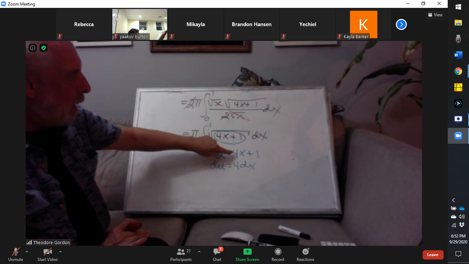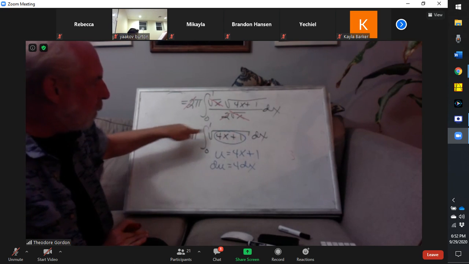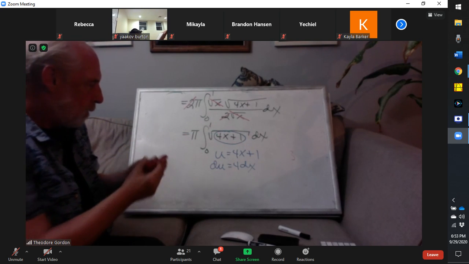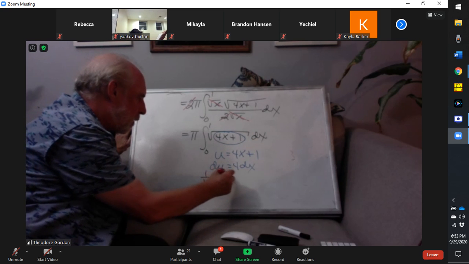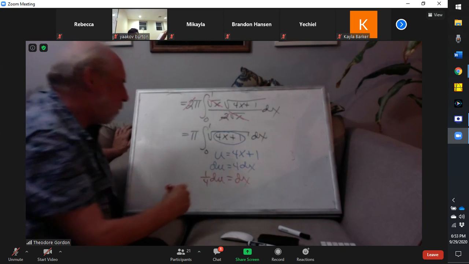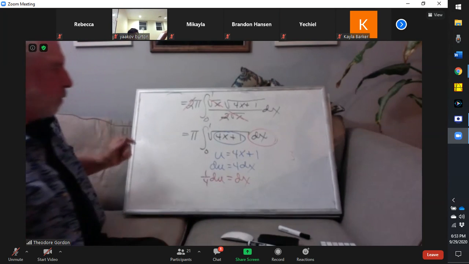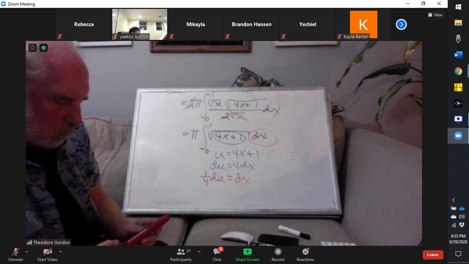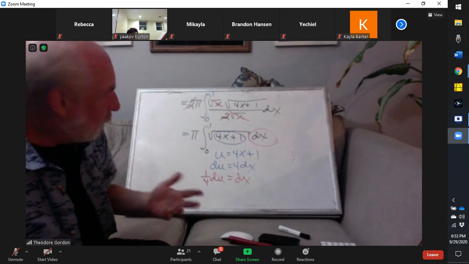This 4 is accounted for right here. This 4 doesn't appear anywhere up here, so I have to pull this over. So we get 1/4 du is equal to dx. And that will replace this. So U substitution, now we rewrite it.